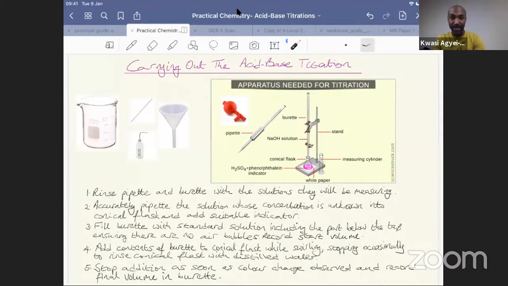Most acids and alkalis are colorless liquids, which means that to know when the endpoint of the reaction is, you need to have an indicator present. In this case, phenolphthalein is used. And because indicators themselves are weak acids, it's important that you only add just a couple of drops, 2 or 3 drops, because too much would affect the titration itself.